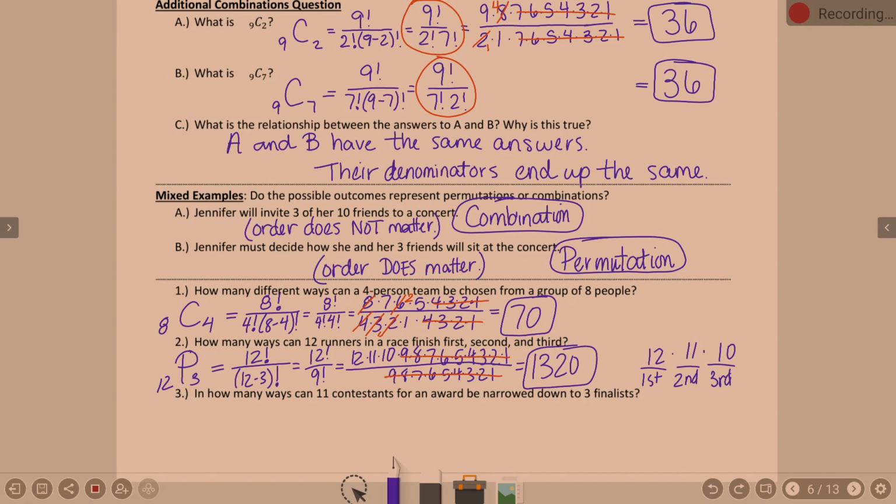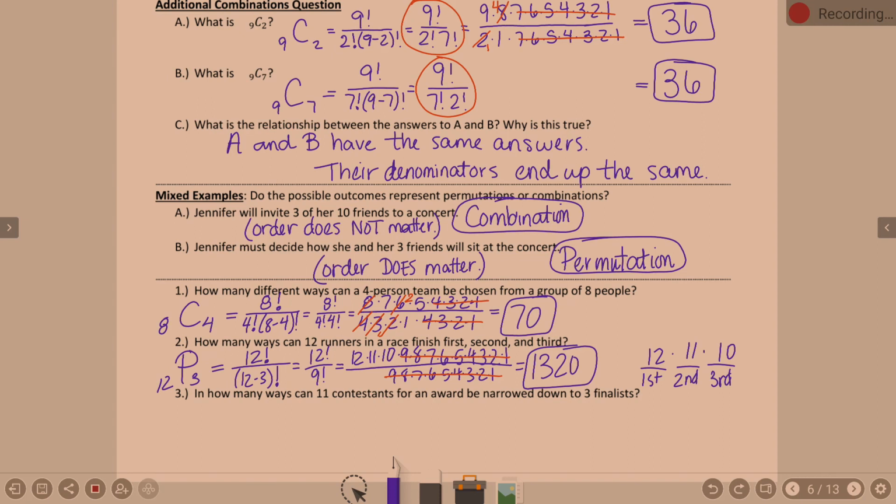Okay, one more. Then we're going to talk about some probability. Now, you have to think on this one. In how many ways can 11 contestants for an award be narrowed down to 3 finalists? It does not matter which finalist you are, you guys agree?